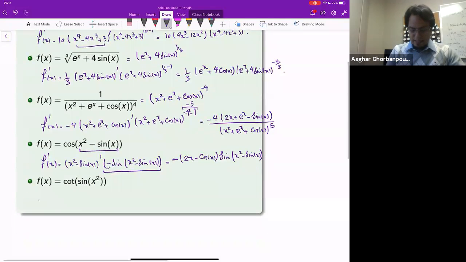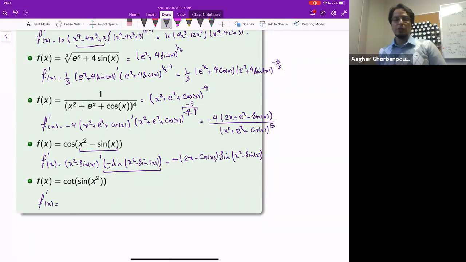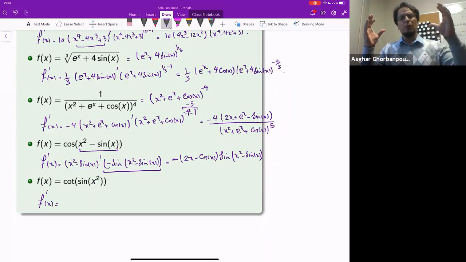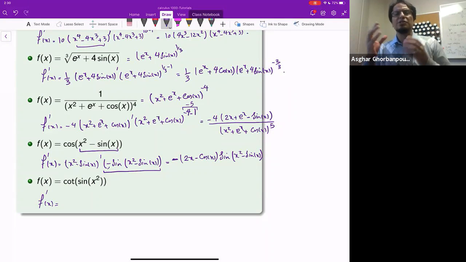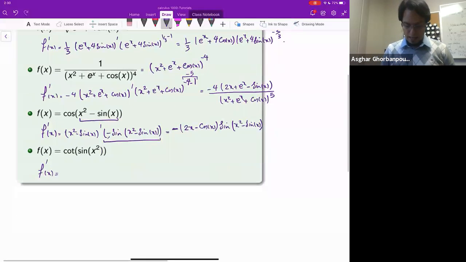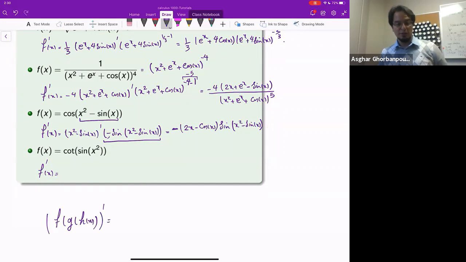And this last example, I like this last example because when you do differentiation of a composition of two functions, you don't see why people call this thing the chain rule. But when you have more than two functions, like f composed with g, composed with h, then you notice why it is called the chain rule.